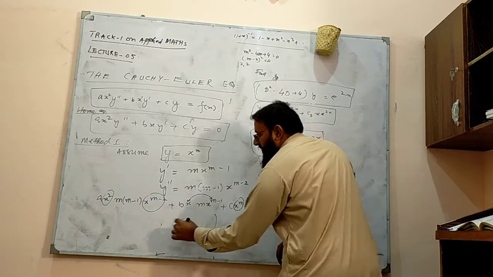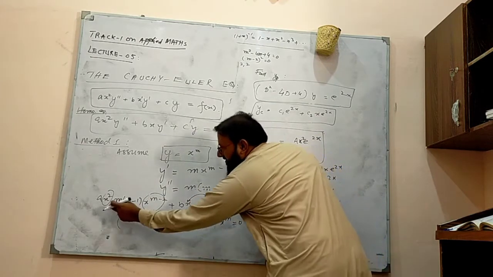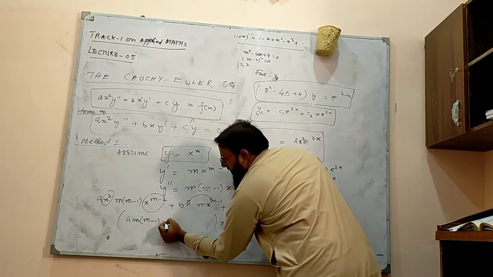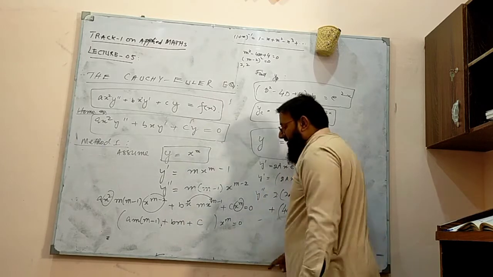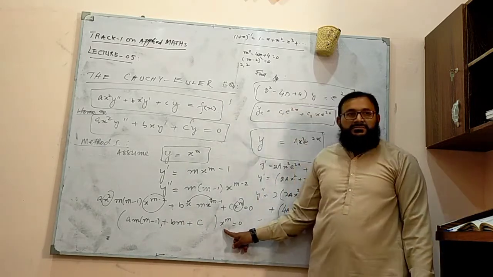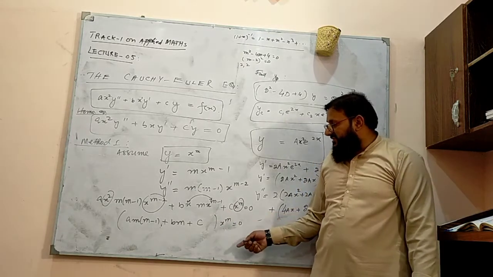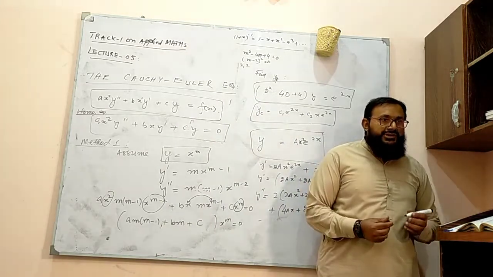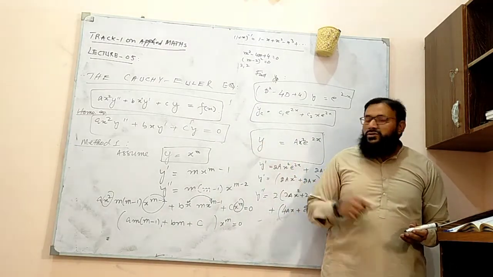You take x power m common, and this is a m into m minus 1 plus b m plus c. Again, x power m is not 0, not possible, because this is exponential. So this is going to be 0, which is your auxiliary equation corresponding to what we call the Cauchy equation.